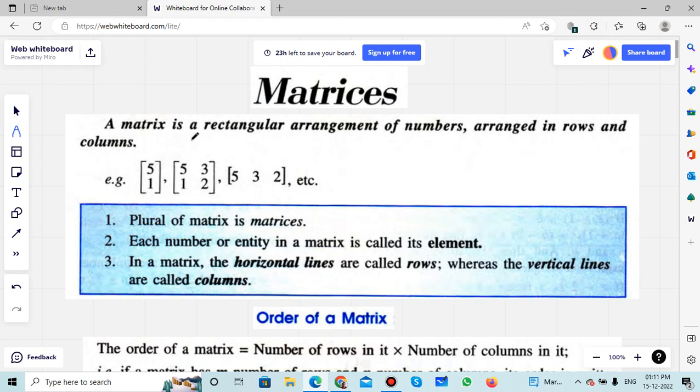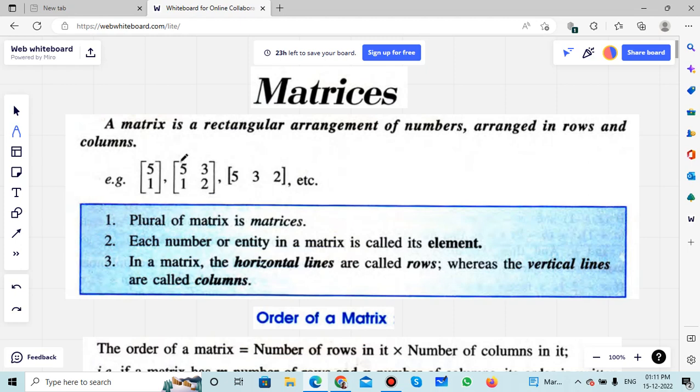A matrix is a rectangular arrangement of numbers which can be arranged in the form of rows and columns. You can see the example here. Say if we are writing two data together, that is 5 and 1, so we can say it is in a column here. So we call this also a matrix.